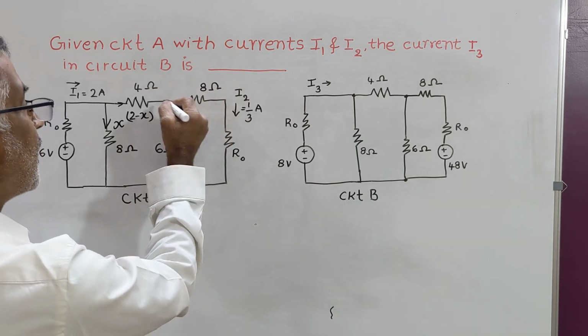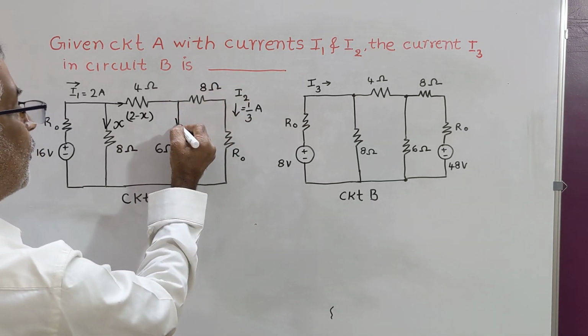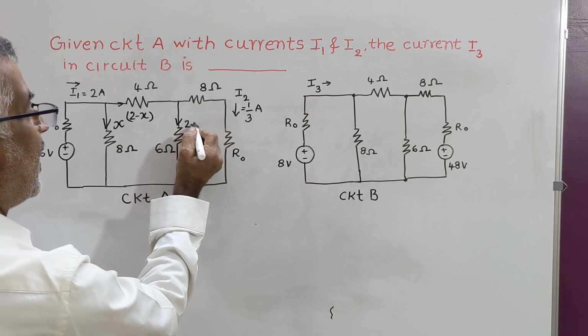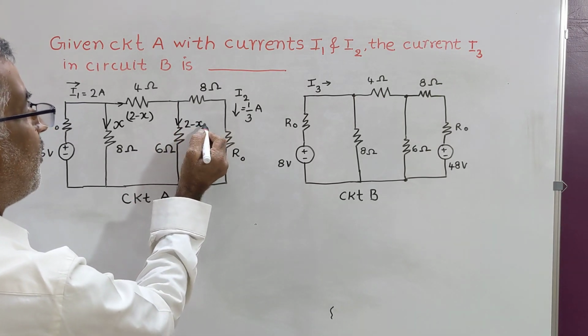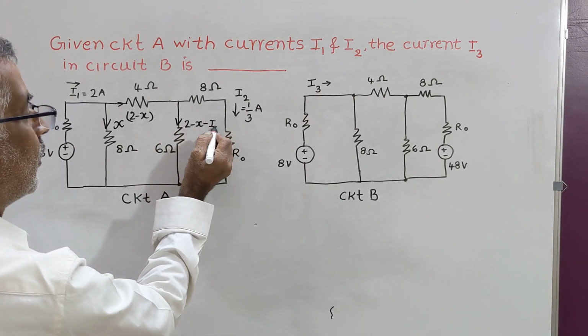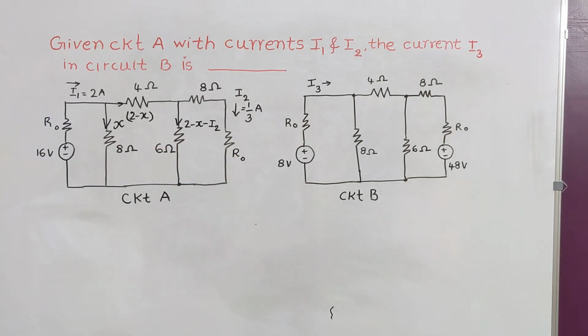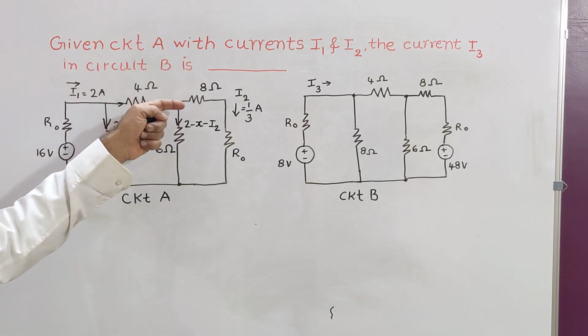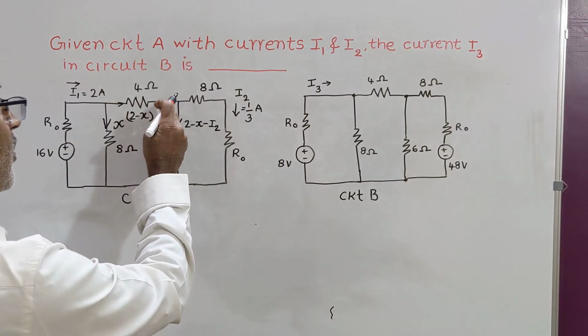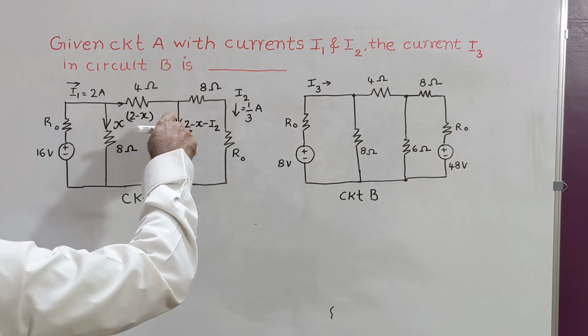Therefore, this current is 2 minus X minus I2.